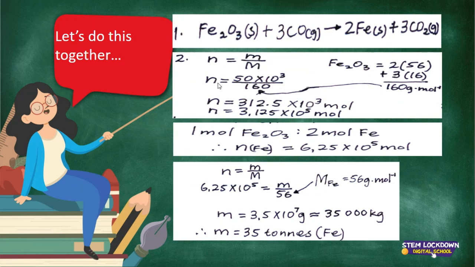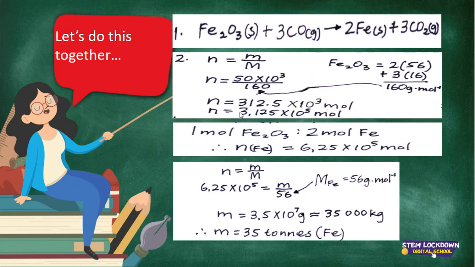So we substitute the mass that was given for iron oxide, which is 50 times 10 to the power 3. And what is the molar mass of iron oxide? It is 2 times iron, which is 2 times 56, plus 3 times 16, which gives 160.